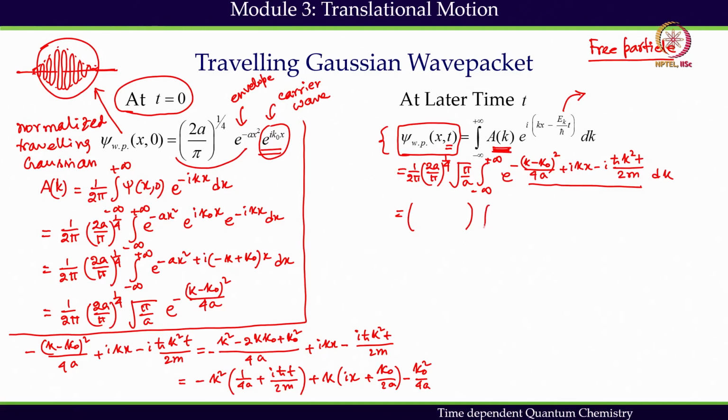and then I'm not writing it, minus infinity to plus infinity, and then I have e to the power minus k square (1 by 4a plus i h cut t by 2m) plus k (ix plus k naught by 2a) minus k naught square by 4a.